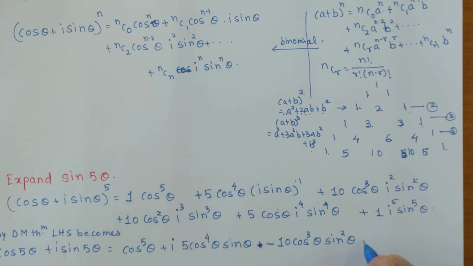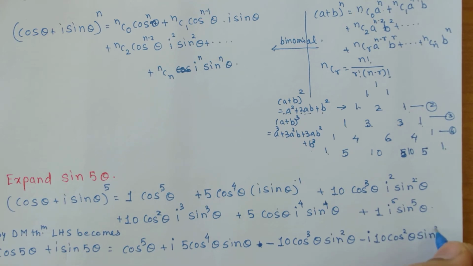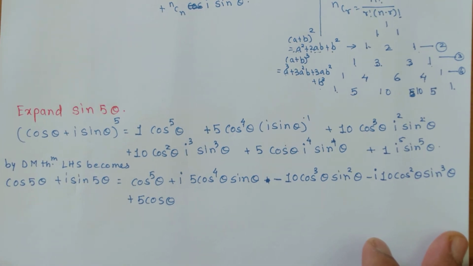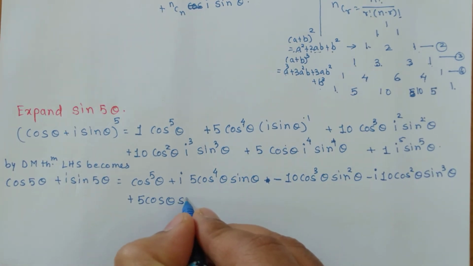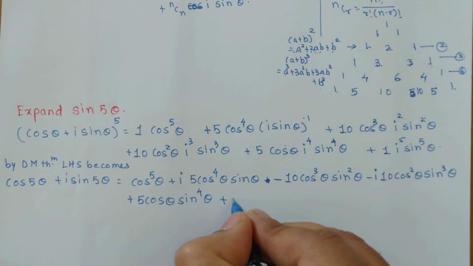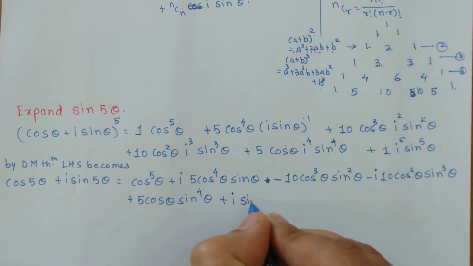Next, i cube is minus i, so minus i times 10 cos square theta sin cube theta. Plus i raised to 4 is 1, so 5 times cos theta sin raised to 4 theta, plus i raised to 5 will be i sin raised to 5 theta.